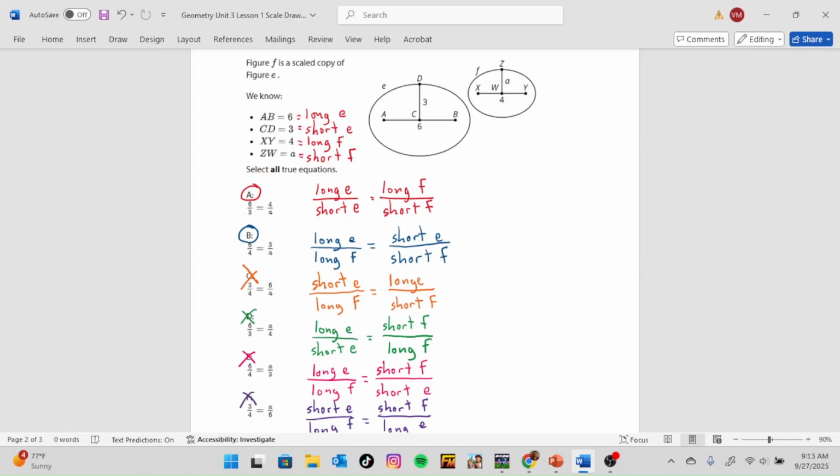When we're making these comparisons, we're allowed to do it in the two ways that they did in A and B. In A, I am comparing two parts of same shape.